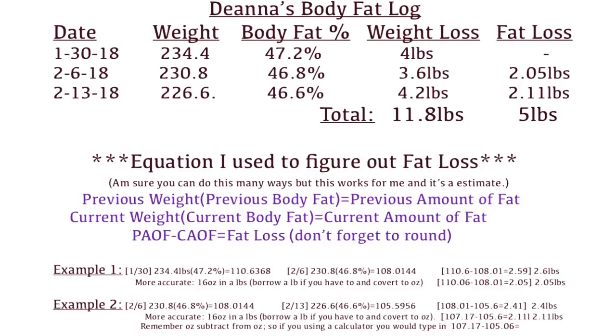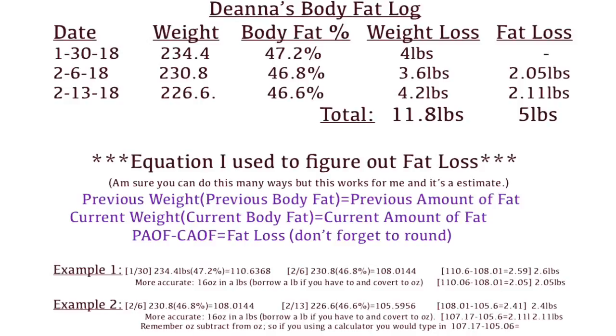But for my example 1, I used my stuff, because that's all I had. So my previous week, for example 1, would have been January the 30th. I was weighing 234.4 pounds, and my body fat percentage was 47.2%. So that was equaling out to 110.6368.